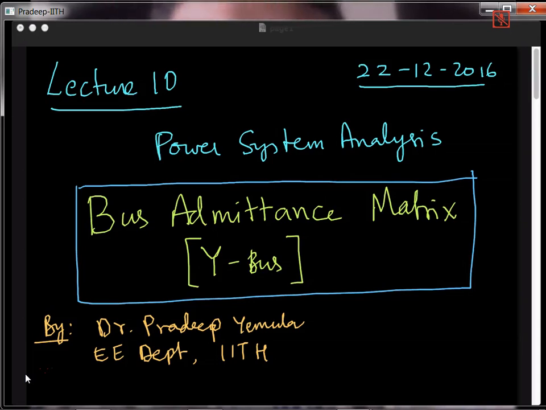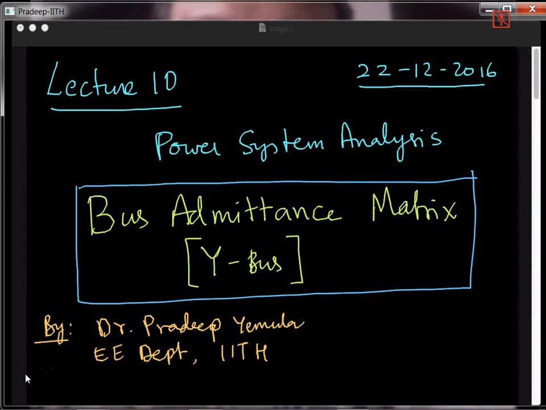In fact, compared to the previous classes, today's class, the bus admittance matrix, will be a comparatively easy class. But every time there is an exam, at least on this topic, you will get a question: given a small network, how do you form the bus admittance matrix?